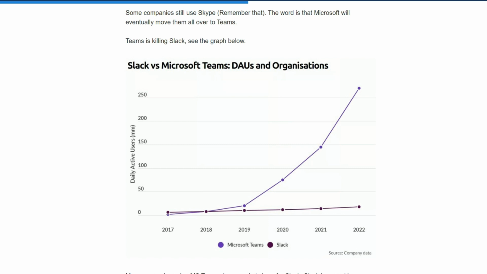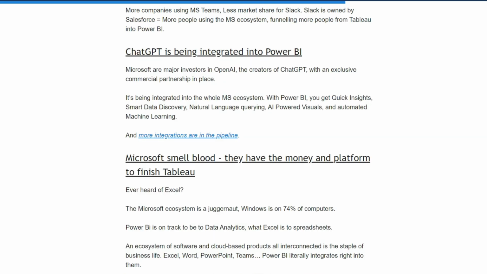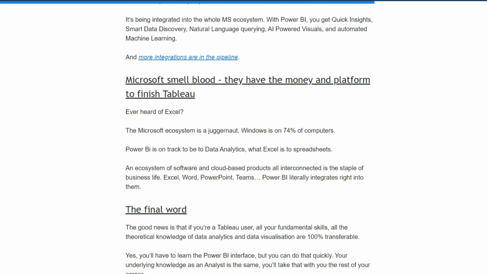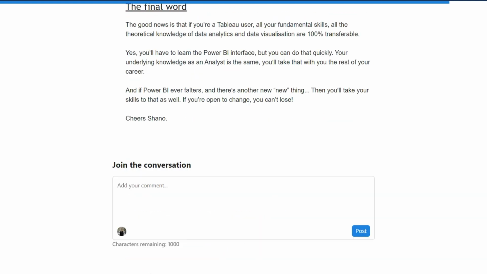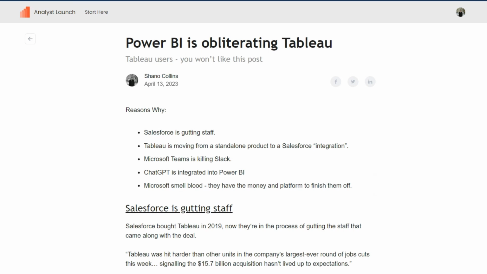And what that means is that more people are being funneled into the Microsoft suite of products, and that just means they're going to have Power BI on their desktop, and they're just going to use it more. So ChatGPT is being integrated into Power BI. It's already in Power BI, but it's just going to be really, really closely integrated, and a lot of things are going to be automated. Yeah, so Microsoft smell blood, and they're probably going to finish Tableau off at some stage. So have a look at that article. I wrote that only a few weeks ago.